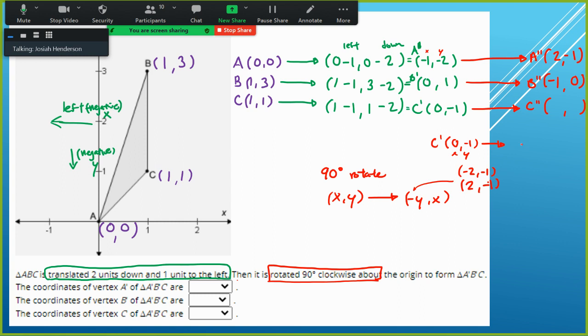We swap them. And we got to change the sign on that old y number. So -1 actually is going to be +1. 1, 0. And finally, we're done. We found each location after doing the translation in green and then the rotation in red.